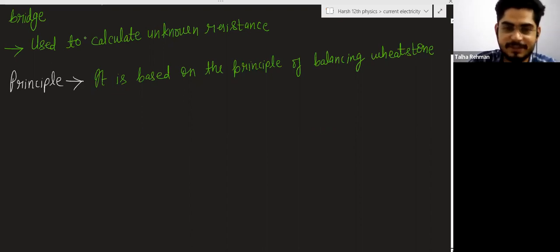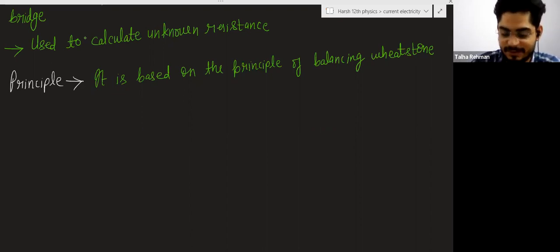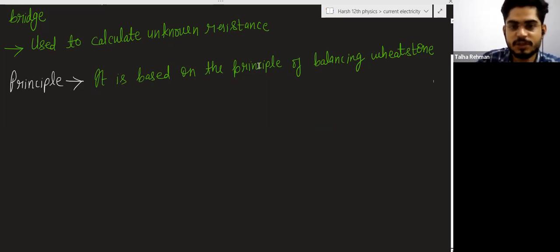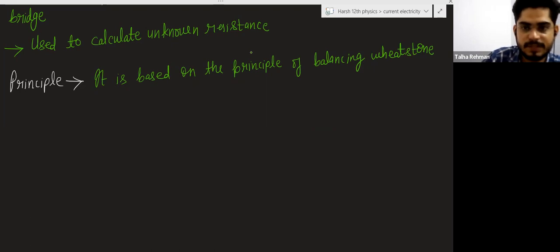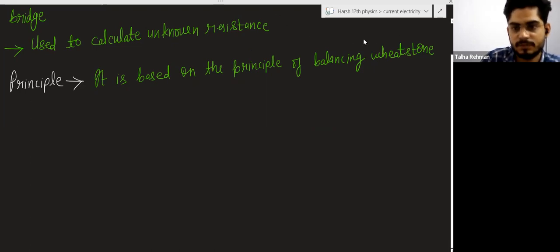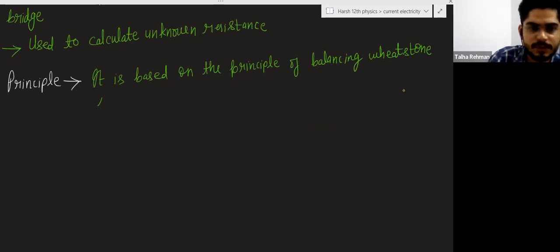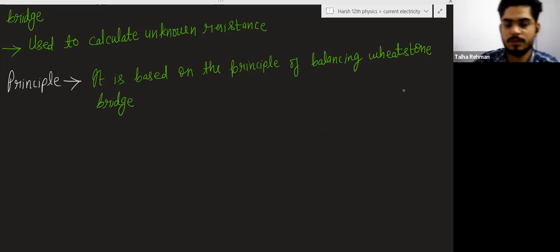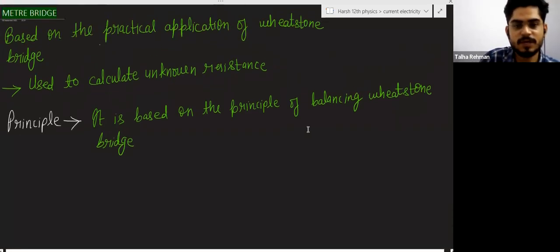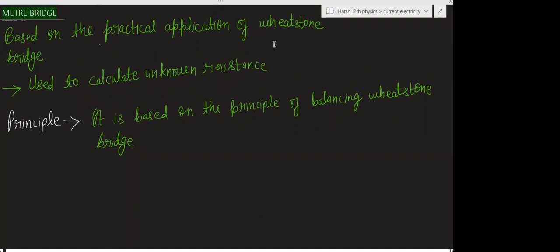This is the name given by someone, and we are following it. So it is based on the principle of balancing of the Wheatstone bridge. Why are they calling it a bridge? Because there is a bridge. Yes, sir, the fifth resistance is the bridge. Okay.